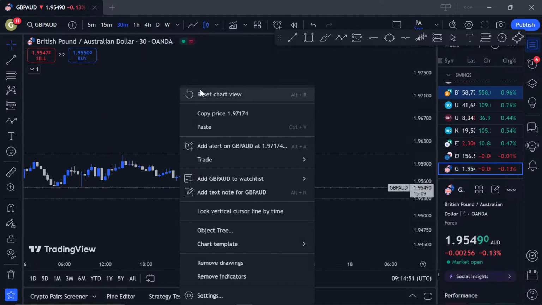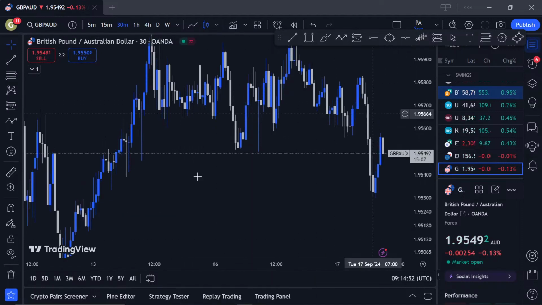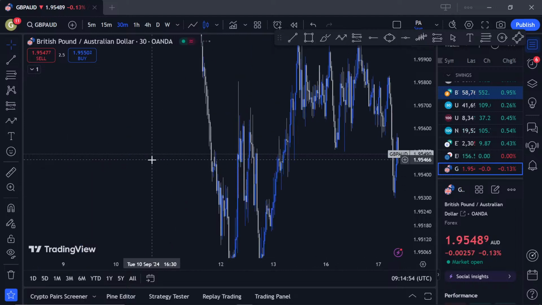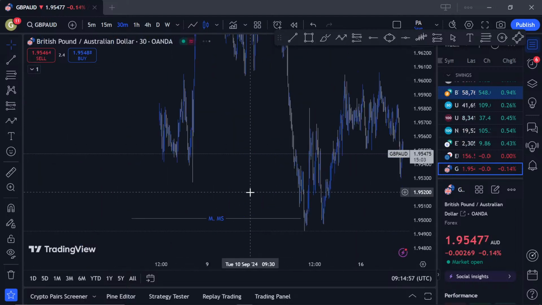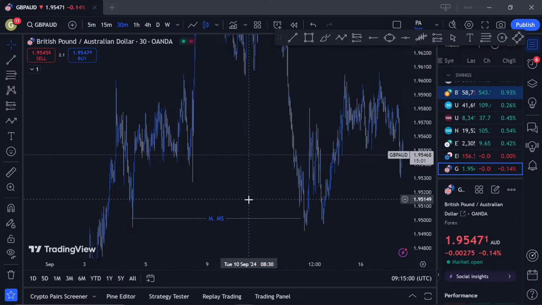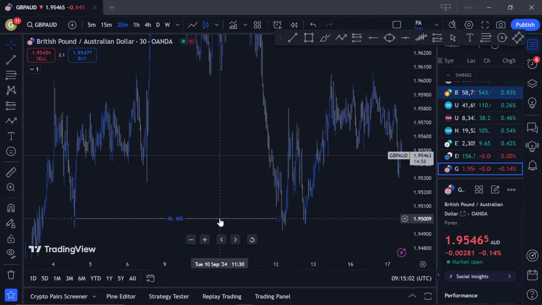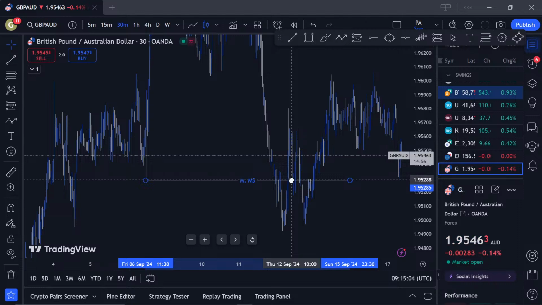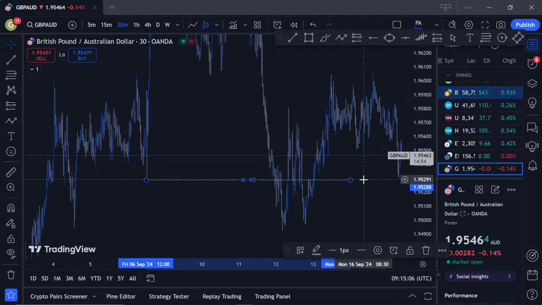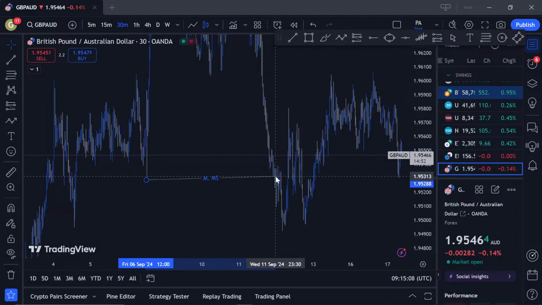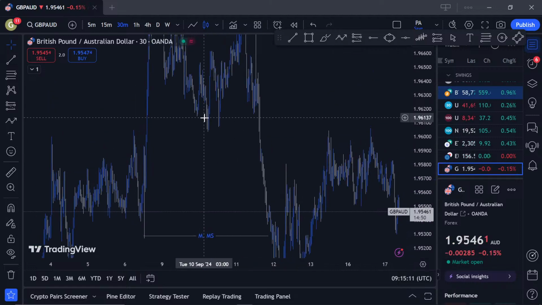Now let me come over to a lower time frame. Okay, so this was a point whereby it gave us a break to the downside. This is a major one, so I'm seeing the one in the middle here, but I'm not going to consider this one.